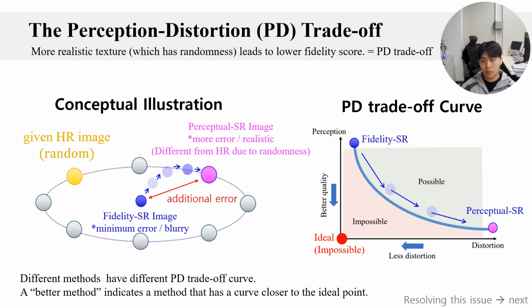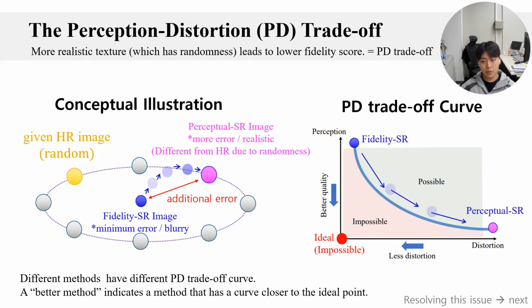Let's dive deeper into what the perception-distortion trade-off is. Let's first look at the left side of the slide, which provides a conceptual illustration of this problem. The yellow and gray circles represent different possible high-resolution images that could correspond to a given low-resolution input. The blue dot labeled fidelity SR image represents an output optimized for minimum per-pixel error. This approach produces blurry images because it's the average among all possible solutions, which we have discussed earlier.